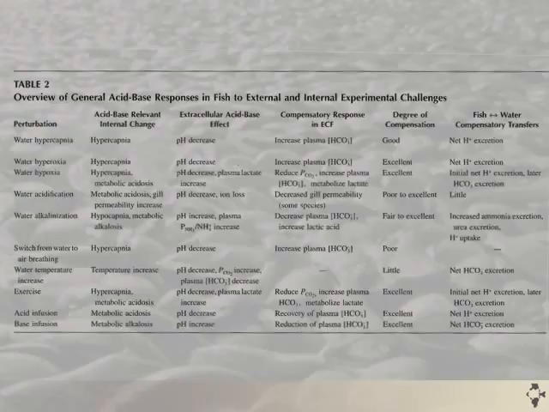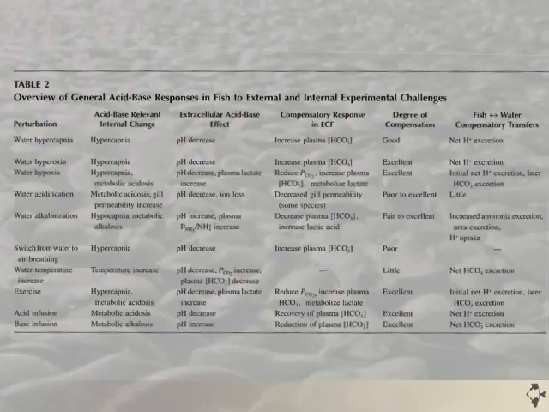You can again see a variety of different other factors here that are described. Metabolic acidosis can be created either through exercise or through an injection of lactic acid that you can do experimentally. So you can see that, towards the bottom here, acid infusion or base infusion. We're going to deal with acid infusion.